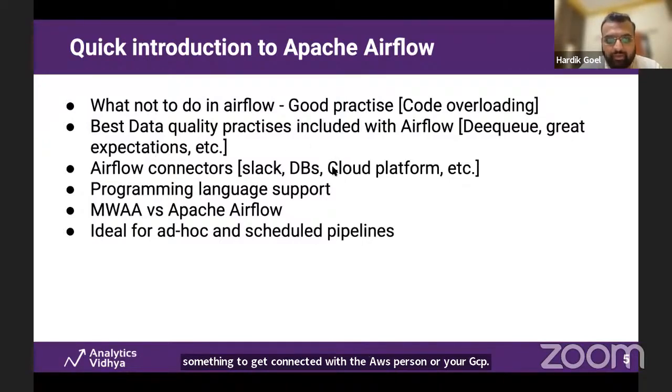Then there is programming language support. It's mainly Python, right? You can also write pretty decent and smaller functions if you want your job to be done, and that will be handled using the Python operator. We'll see that in subsequent slides.